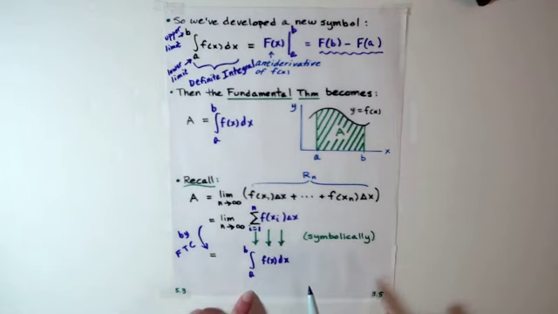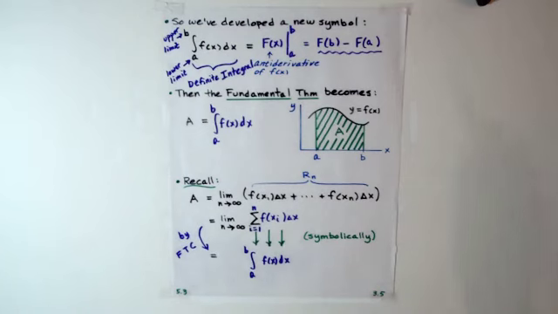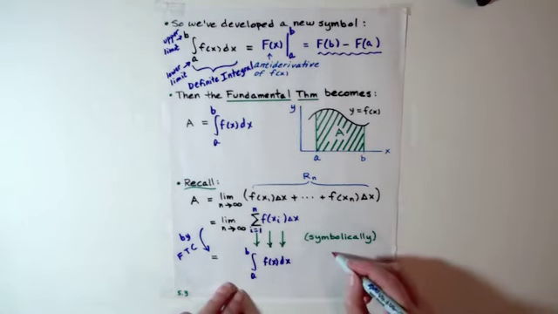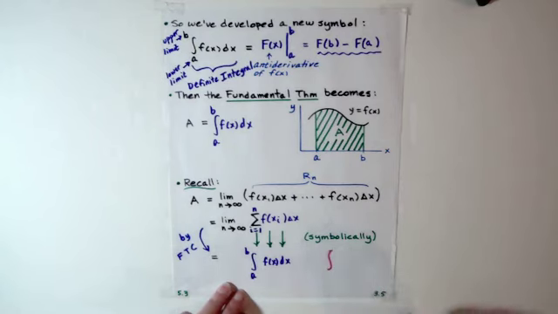The other reason I wanted to point this out is that it shows you where this integral symbol and this dx symbol came from. You might remember from back in section 4.9 that I mentioned that this integral symbol is supposed to look like a stretched out S. That stands for sum or sigma.